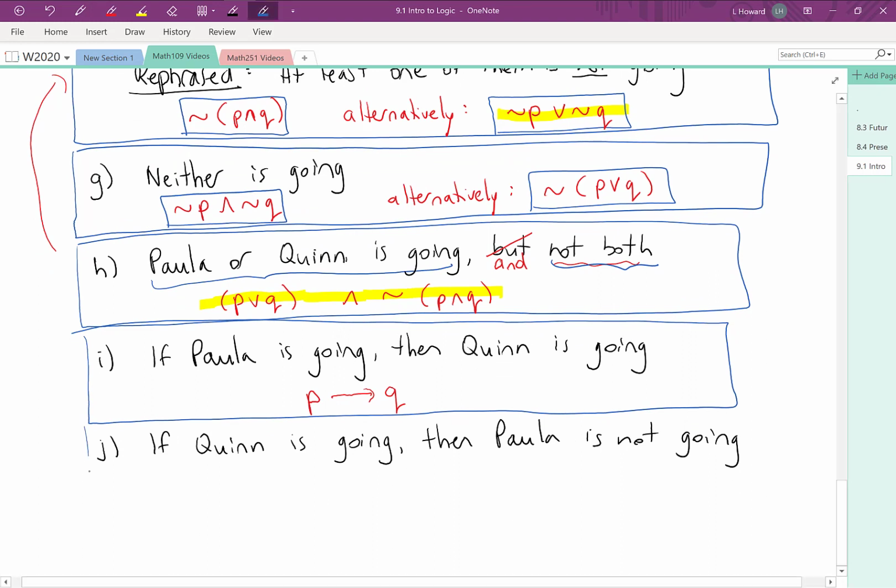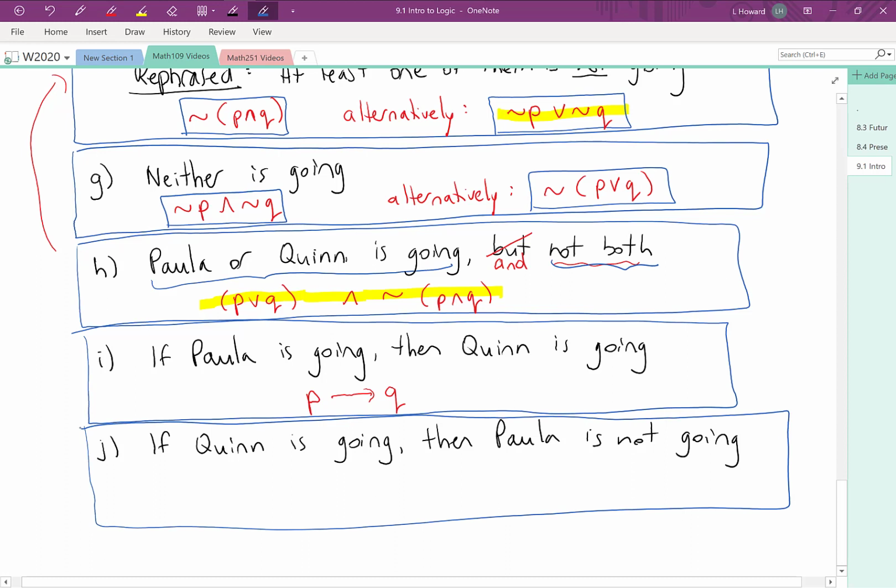And last one that we're going to practice here, if Quinn is going, then Paula is not going. Okay, feel bad for Quinn in this scenario. So if Quinn is going, then it's not the case that Paula is going. And if you wanted to make that easier to read, sometimes we'll bracket around that. We'll talk more about bracketing as we go through this chapter.